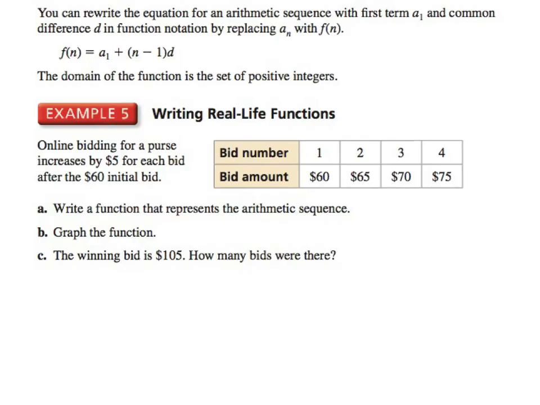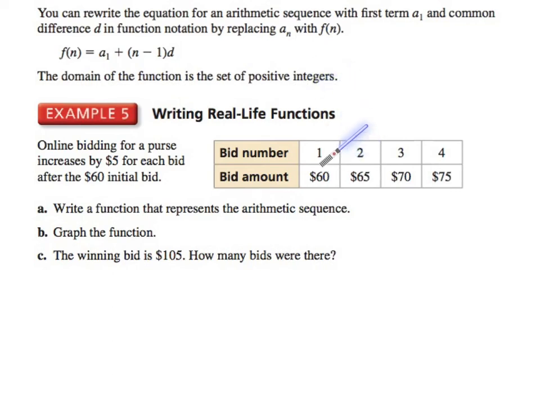All right, so our final example. You can rewrite the equation for an arithmetic sequence with the first term, a sub 1, and the common difference d in function notation, basically taking the y value and making it f of n. That's it. The domain is always the set of positive integers. Here's the reason why.